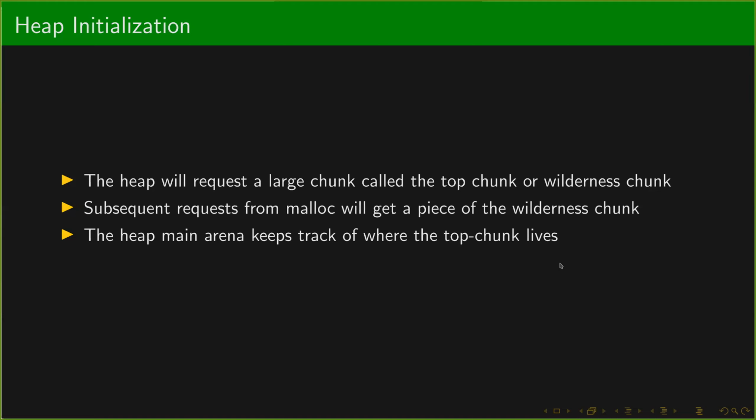So the way that the heap works under the hood is it starts off by requesting a really big chunk called the top chunk or the wilderness chunk. And this is just a massive contiguous region of memory that the heap has allocated. And when we ask it for smaller regions, so say I ask for 50 bytes from the heap, it's going to split the wilderness chunk into a little region of 50 bytes and a big region that's the rest of the wilderness chunk.